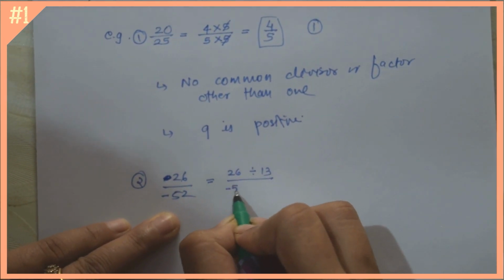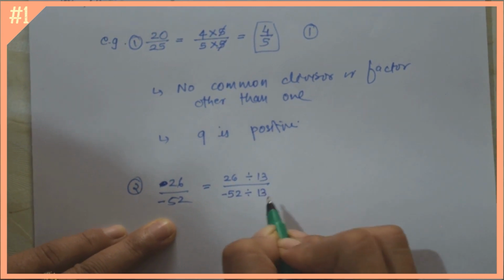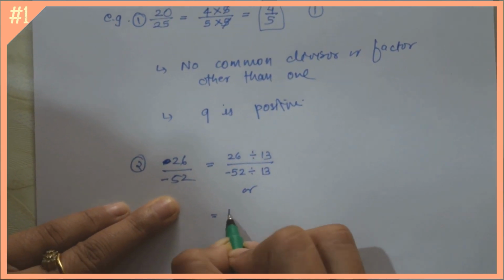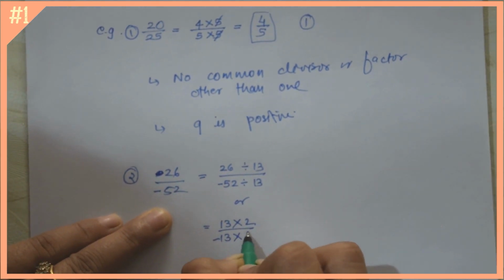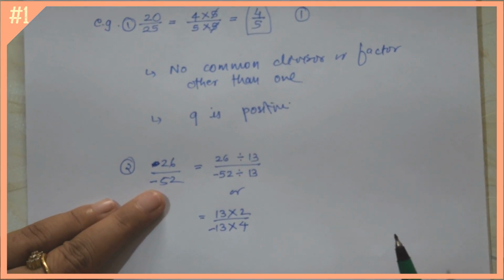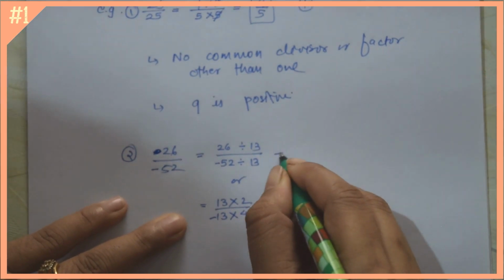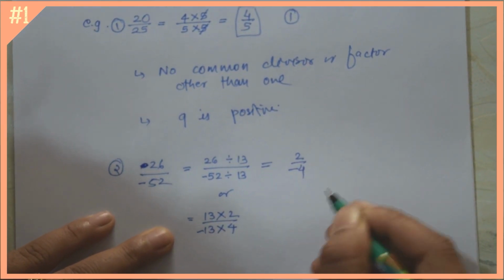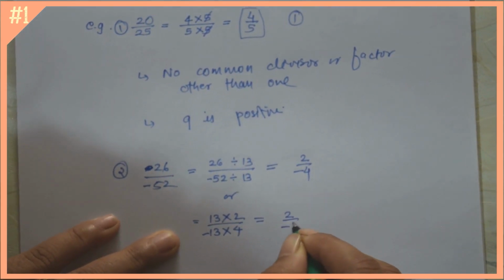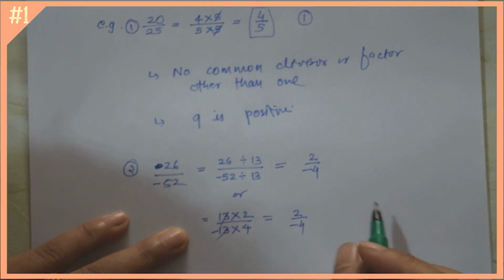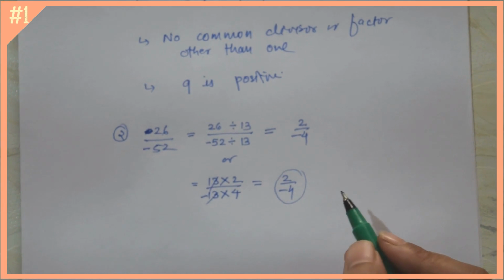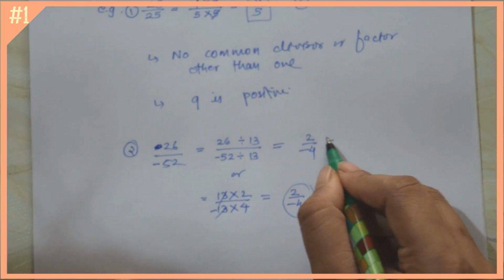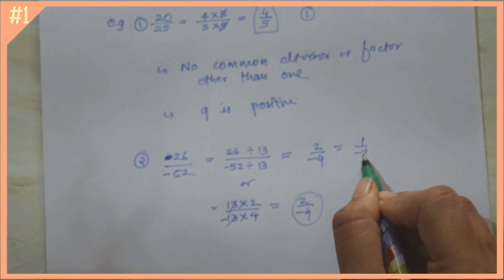So I am dividing both of them by 13. Or you can do it like this: 13 into 2 is 26, and minus 13 into 4 will give you 52. So it gives us 2 upon minus 4 here as well. 13 gets cancelled, right? Now this is not a standard form, because again they have a common divisor other than 1, which is 2. Now this can further be written as 1 by minus 2.